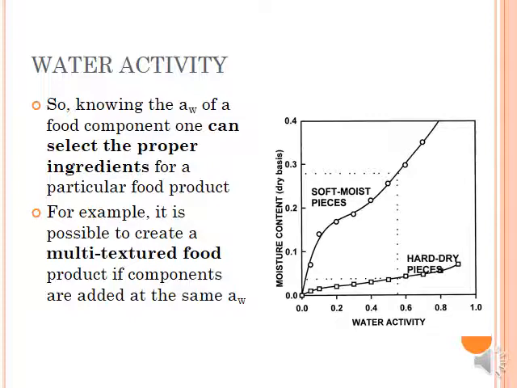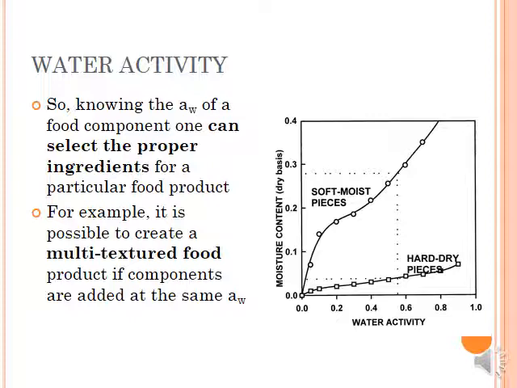For example, it will be possible to create multi-textured food if the components that are used are at the same water activity. For example, you go to the supermarket and buy Kit Kat ice cream, the cone one. In the center of the ice cream, you'll find a bar of Kit Kat chocolate, and it's still crispy, although it is surrounded by the soft ice cream.